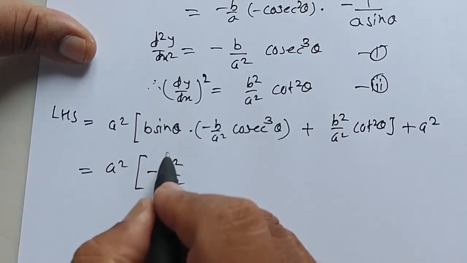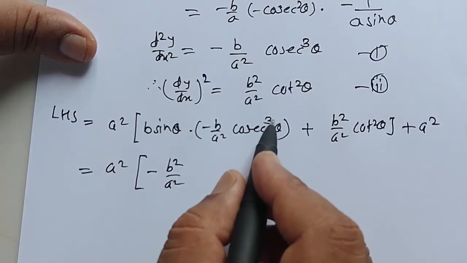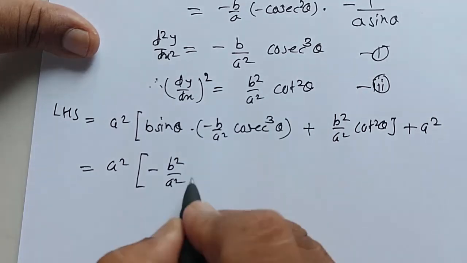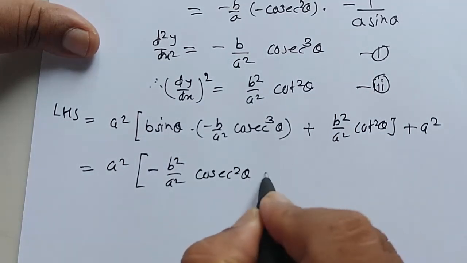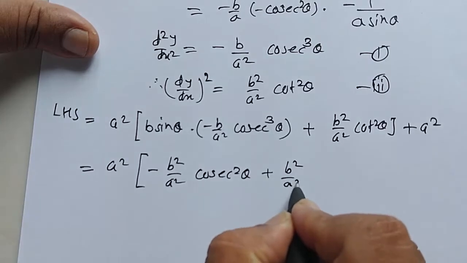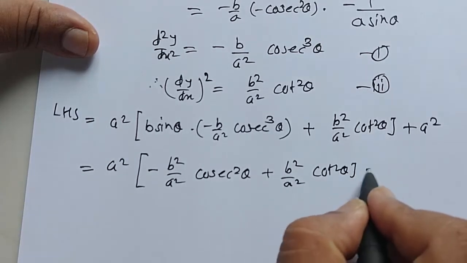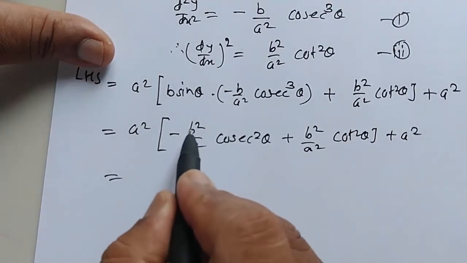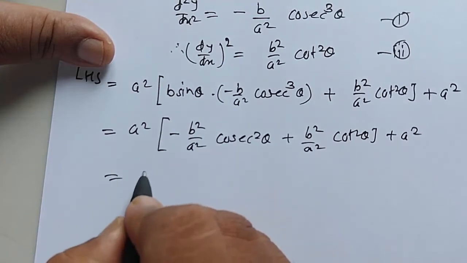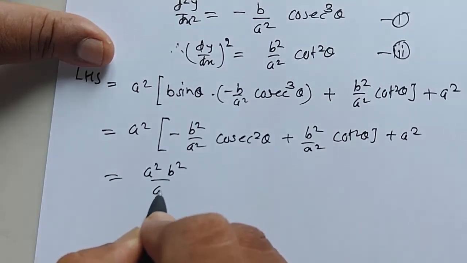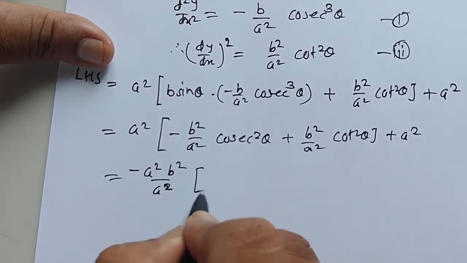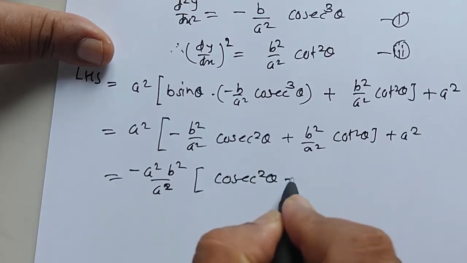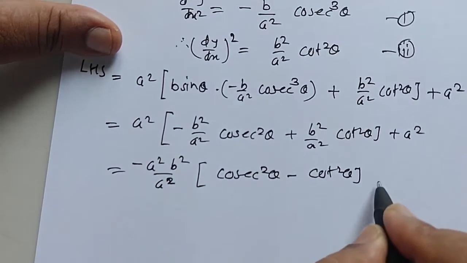Sin theta means 1 upon cosec, so one index is decreased in the index of the cosec theta, so it becomes cosec square theta, plus b square upon a square cot square theta, plus b square is equal to, we take minus sign and b square upon a square common, so a square into b square upon a square, minus sign taken common bracket here, cosec square theta minus cot square theta, plus b square.